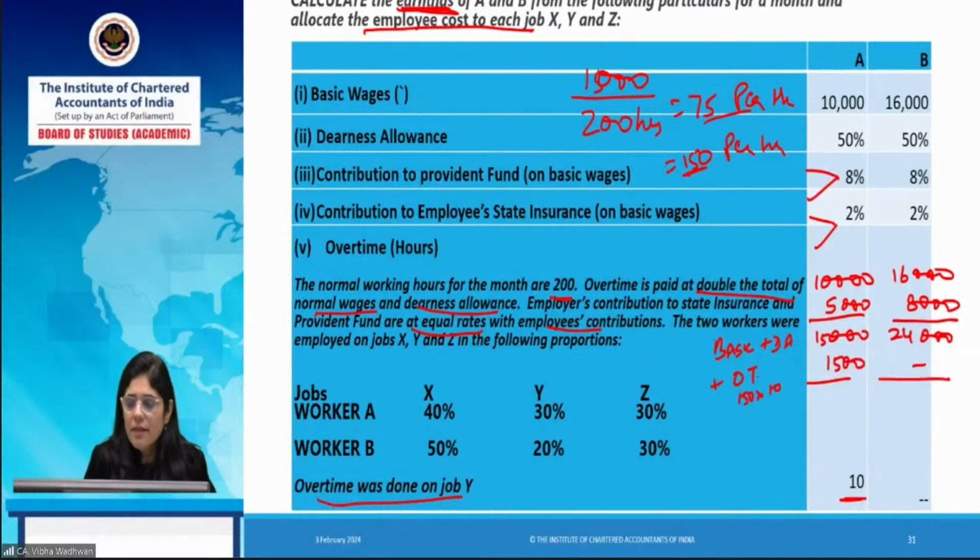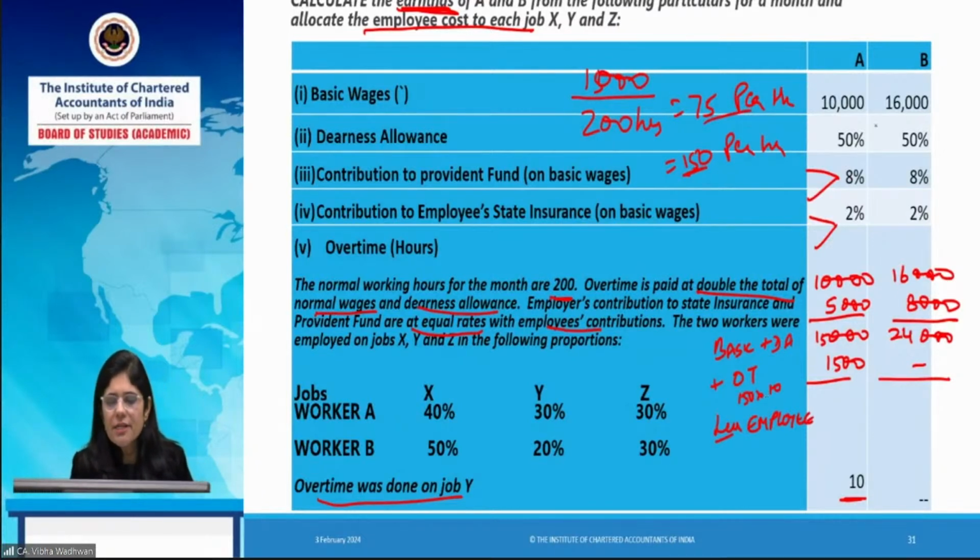Clear? Now we have to calculate the earnings of employees A and B. The employee contribution will be deducted. Employee contribution is 8% on basic wages, so employee contribution to PF and ESI both will be deducted from the salary.